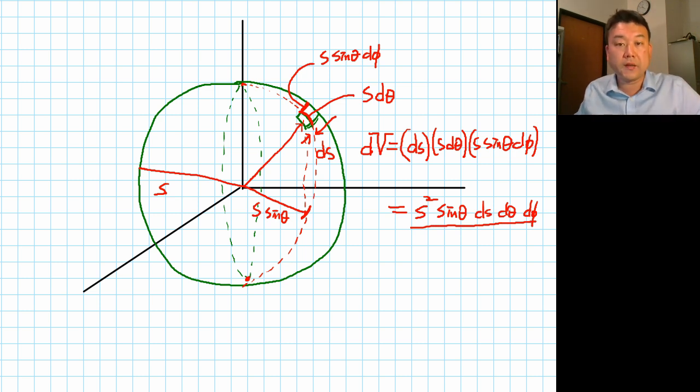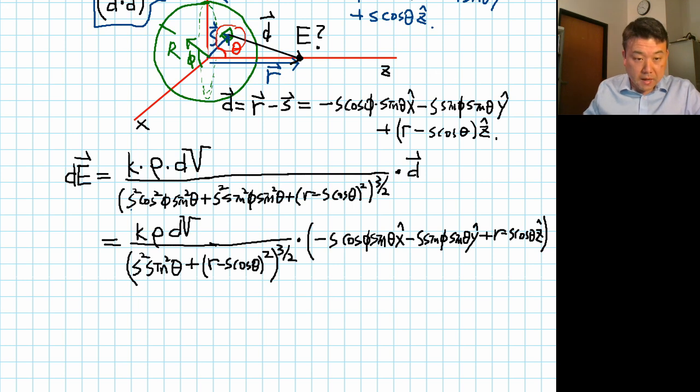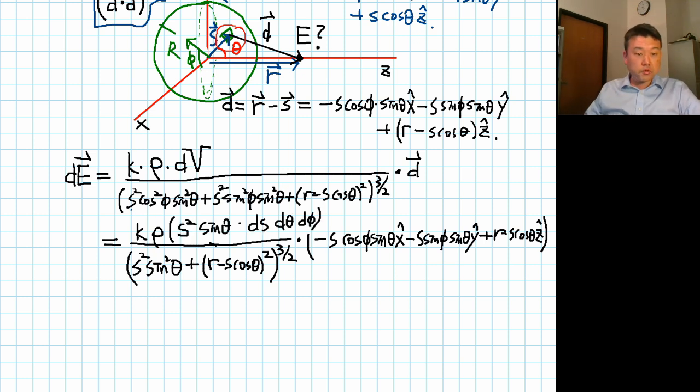Let me go back to the other page and plug this in. All right, so I'm ready to plug in the volume element. Let me erase this dV and plug in the volume element. That's it. So this is the infinitesimal electric field, and if I want the total contribution, then I would integrate this over the volume of the sphere.